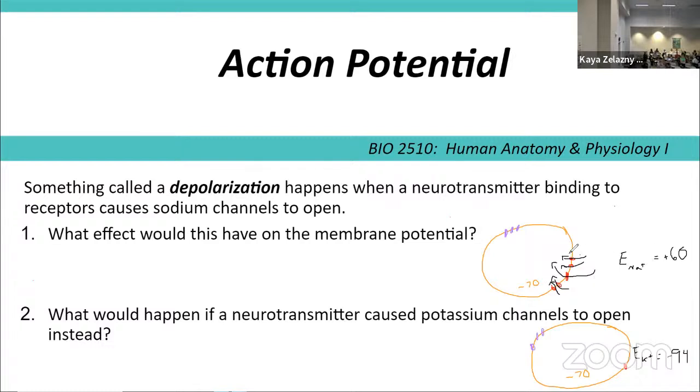But as these positive charges move into the cell, we're depolarizing, so we become more and more positive, less negative. So we go to -65, -60, maybe -55, right? We're going up. So our membrane potential is going to go up from that -70 value as we increase the permeability of sodium. That's our depolarization and why it has to do with sodium specifically.